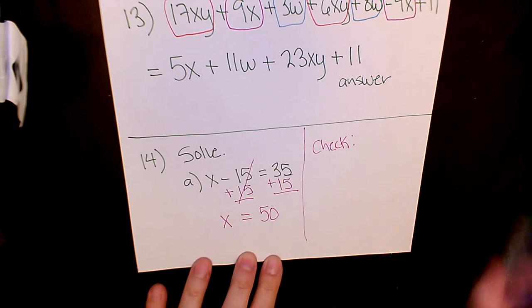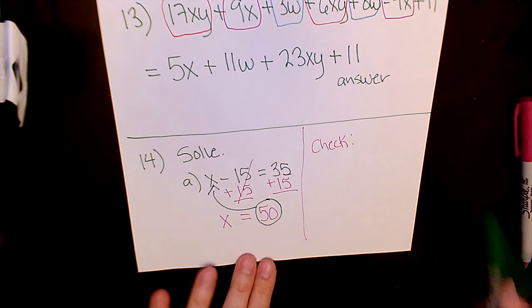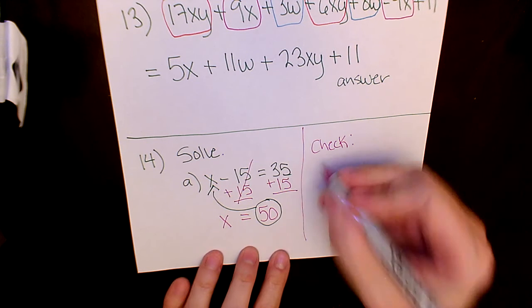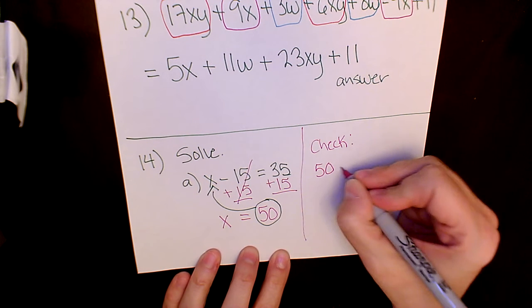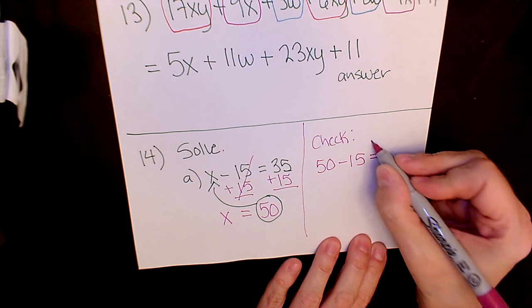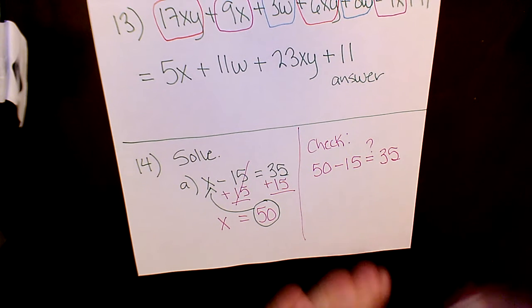If you want to check it, you can take your 50 and plug it back in for x and see if it comes out to be 35. So I'm going to try that. Does 50 minus 15 get me to 35?